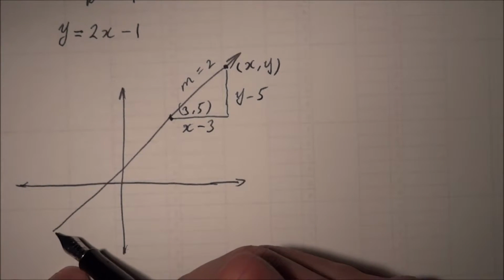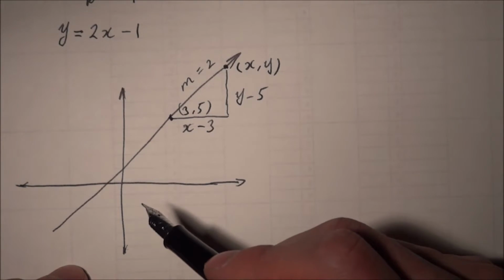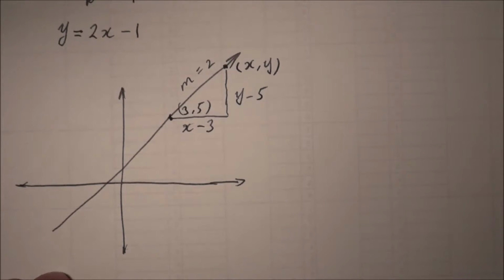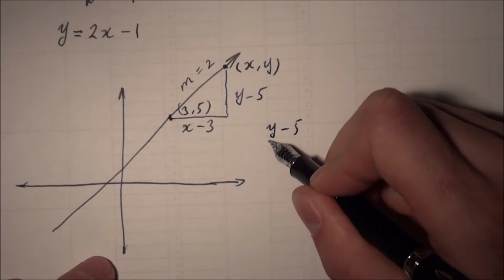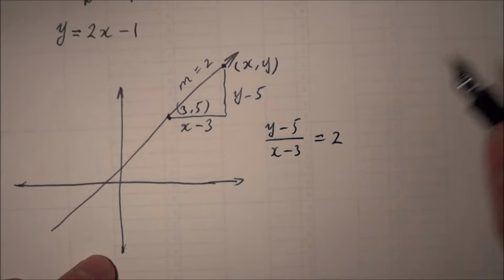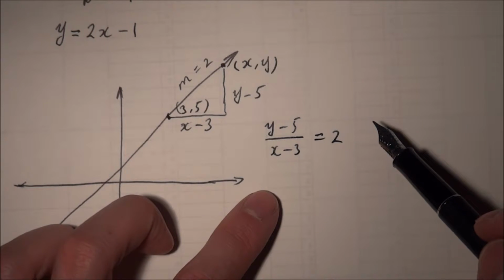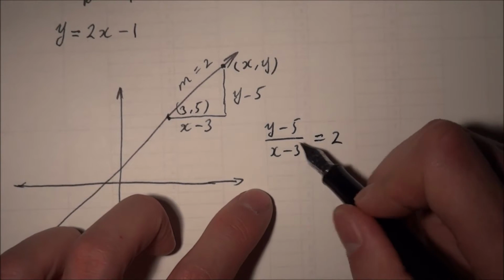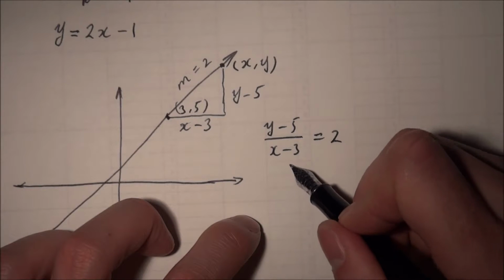Because the gradient has to be the same along the entire length of a straight line, we can say that this rise over this run has to equal 2 as well. So y minus 5 over x minus 3 has to equal 2. Now we just have to move things around a bit. To get rid of the denominator, we multiply both sides by x minus 3.